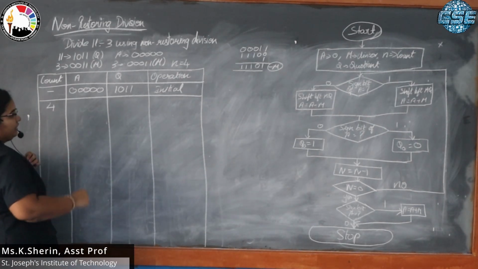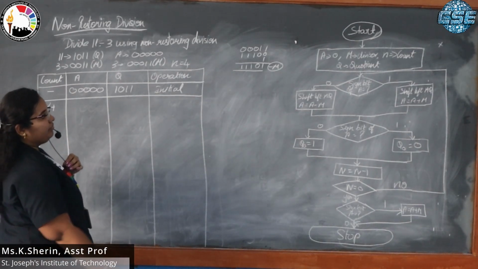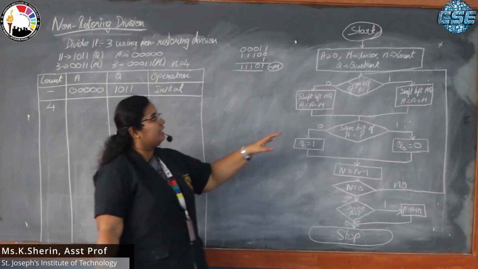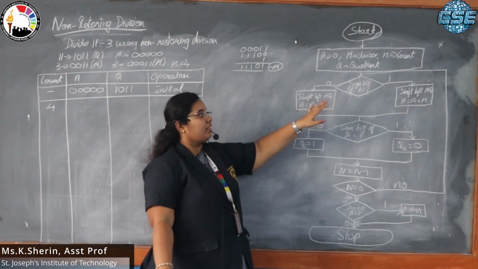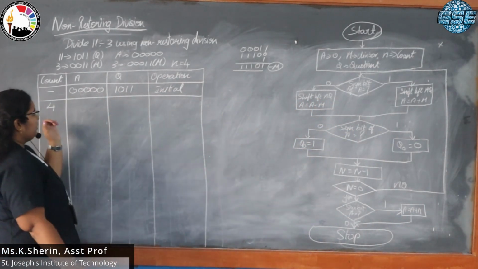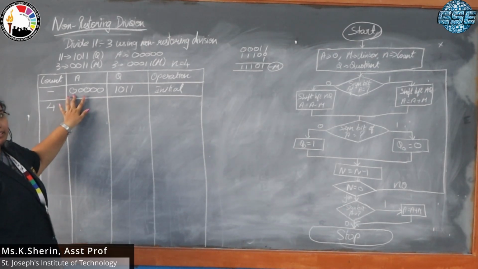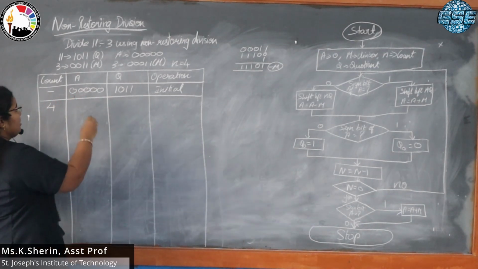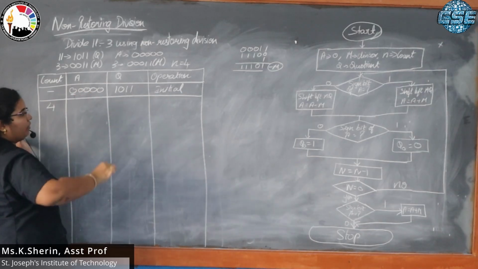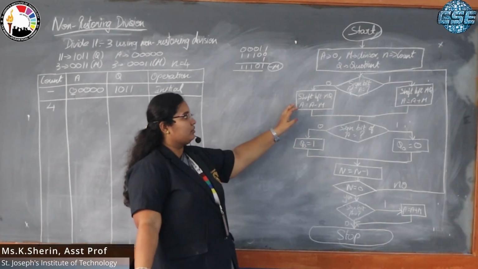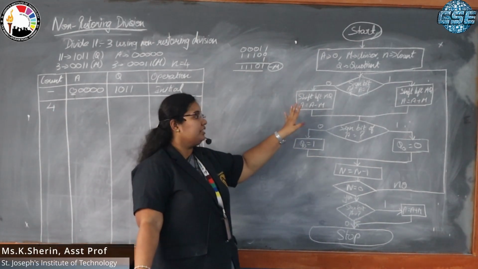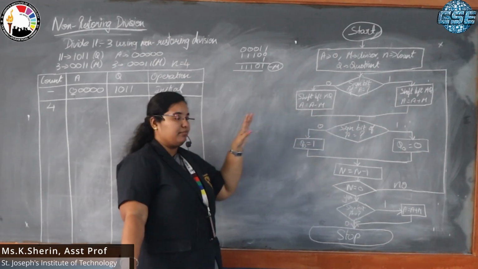So in my 4th iteration, I'm just going to find out whether the first condition is given as check your sign bit of A, whether it is 1 or 0. So my A sign bit value over here is represented as 0. So which means if it is 0, what should I perform? It shows shift left AQ operation, and the next is A = A minus M operation.